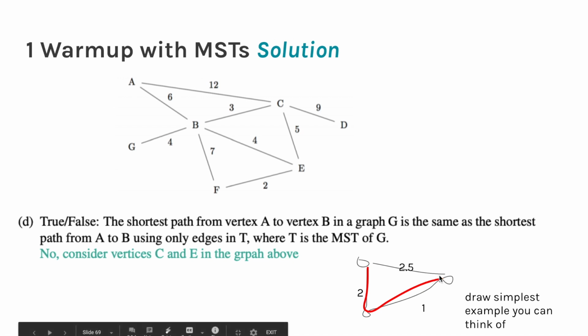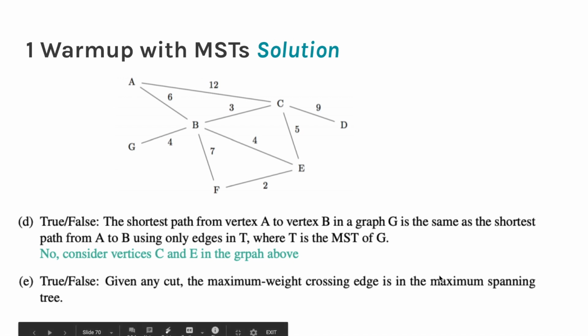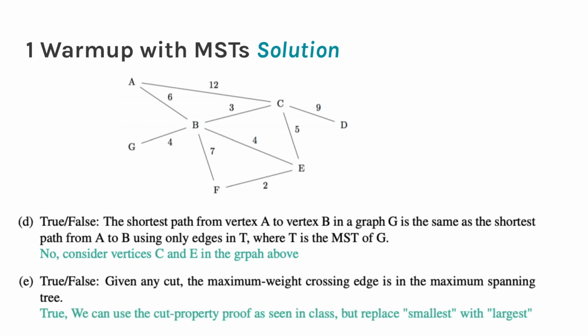Okay, true or false: given any cut, the maximum weight crossing edge is in the maximum spanning tree. So you can imagine creating an MST, but instead of minimum total edge weight, you want maximum total edge weight. And in this case, it's going to be true. It's the same logic as the cut property that I've talked about earlier.